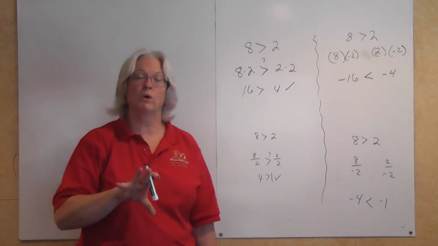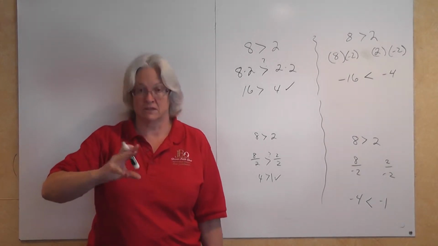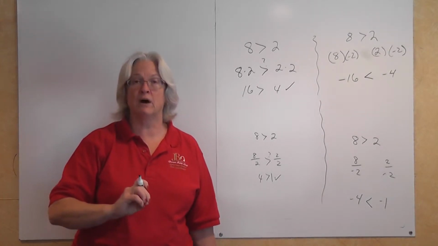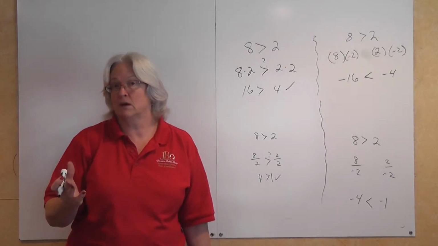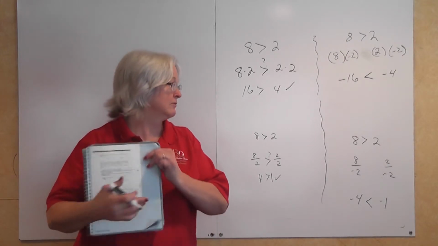So remember, when you're multiplying positive numbers together, you get a positive answer, and likewise with division. But when you multiply or divide by a negative number, sometimes you don't have the same sign. If you have a positive multiplied by a negative, your number becomes negative.